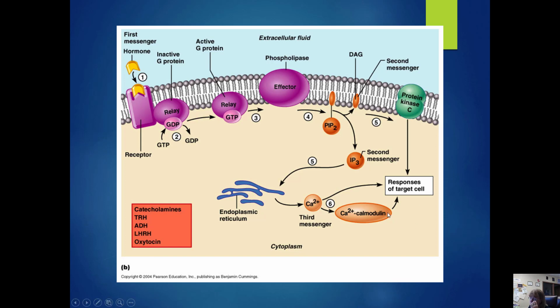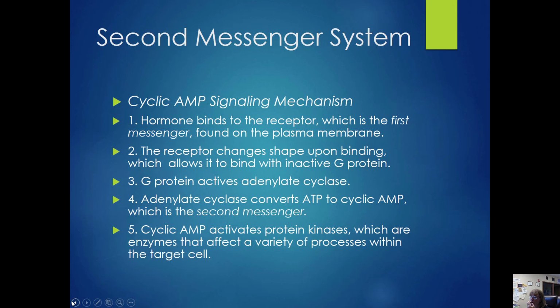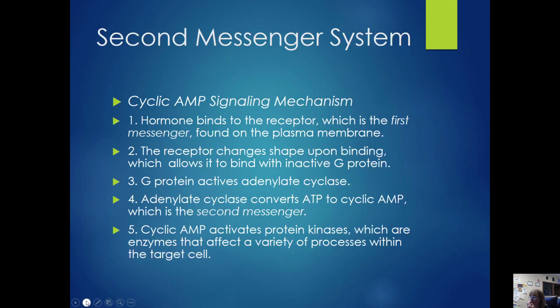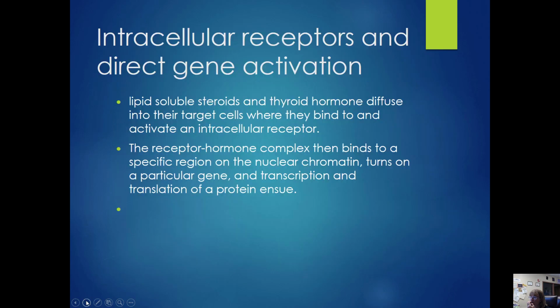Calcium binds with calmodulin, and then we can increase the responses of the target cell. So the catecholamines, TRH, ADH, the luteinizing hormone releasing hormone, GnRH, and oxytocin are all going to act in that manner. And if we go back to this one, oh, it's not on there anymore. It was in a different video or a different slide that I had.